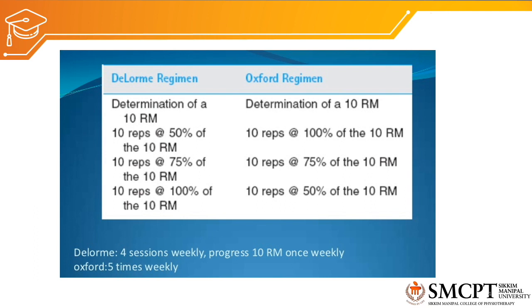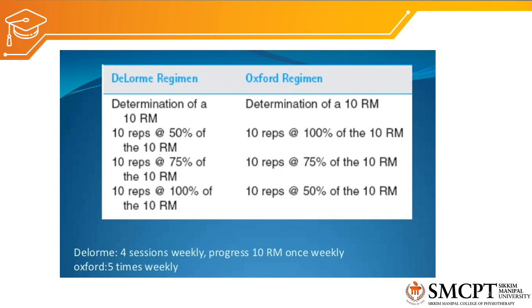The first set will consist of 10 repetitions at 50% of the 10 repetition maximum load. Suppose we found that the quadriceps muscle can extend against a load 10 times and that load is 20 kg, then that is considered the 10 repetition maximum load.